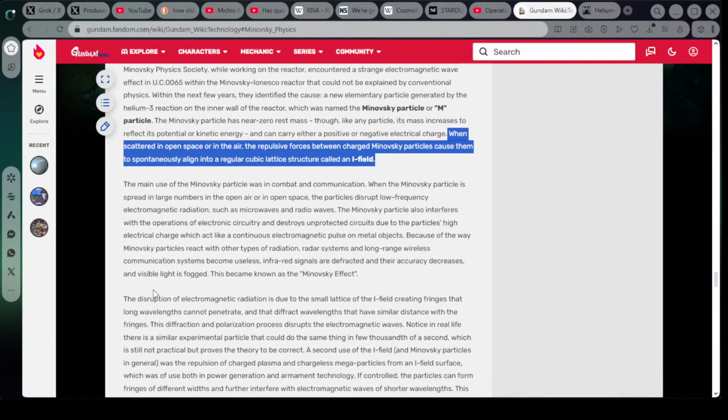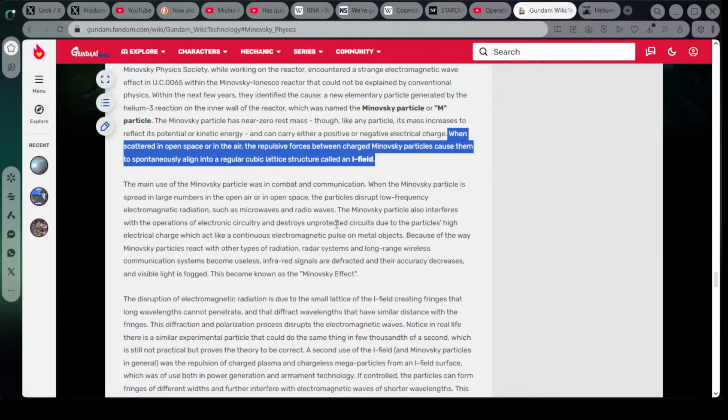The main use of the Minovsky particle was in combat and communication. When the Minovsky particle is spread in large numbers in the open air or in open space, the particles disrupt low-frequency electromagnetic radiation, such as microwaves and radio waves.